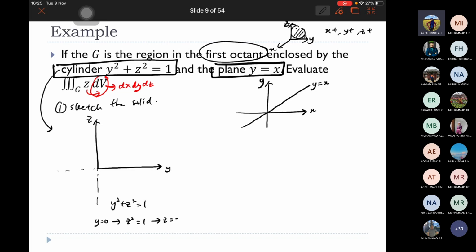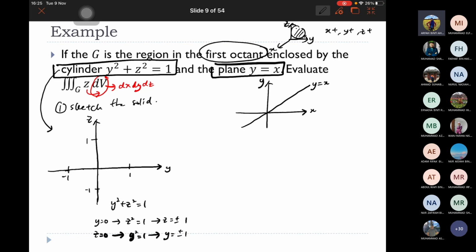Z sama dengan plus minus 1. Meaning that you are going to have negative 1 here, 1 here. And then bila Z sama dengan 0, Y kuasa 2 akan sama dengan 1. Y akan sama dengan plus minus 1. So ada negatif 1 dan juga 1. So dia ada dalam bentuk silinder.